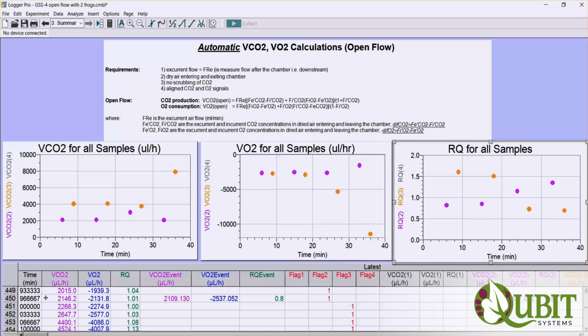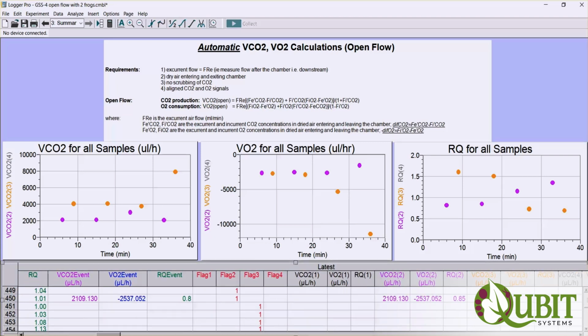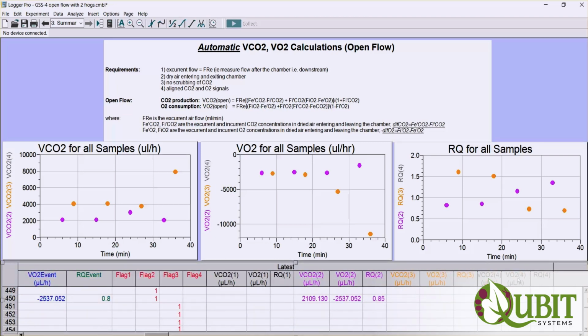So this table here shows the VO2 and VCO2 data for each channel. At the end of that table, VCO2, VO2, and RQ for channel 4 will not be here because we didn't have that channel activated.